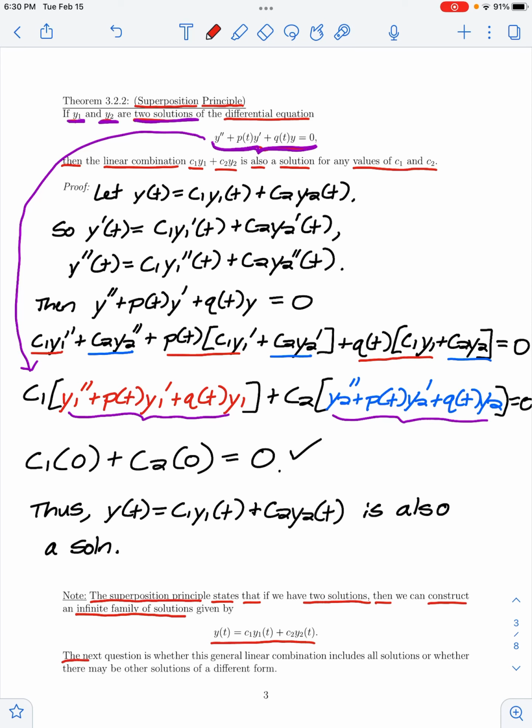Now, the next question becomes whether this general linear combination, this expression that I've just written out, would include all solutions of my differential equation, or whether there may be other solutions of a different form.